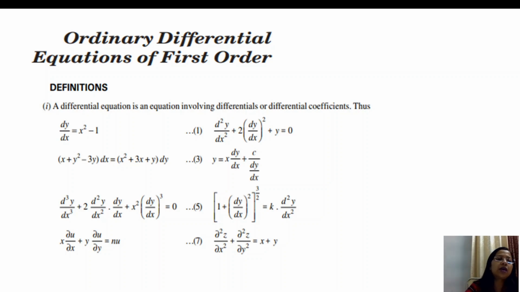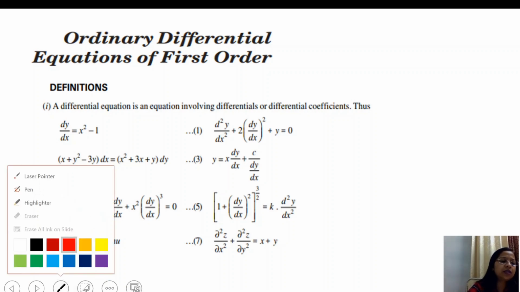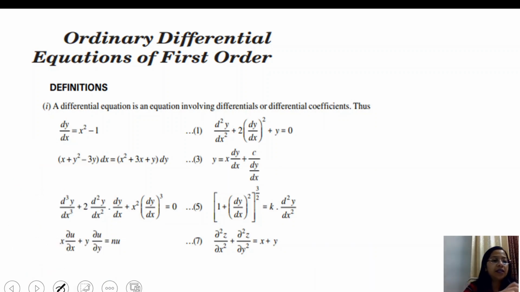A differential equation is an equation having a dependent variable y and an independent variable x, if we have a relation of y as a function of x. A differential equation has variables: either one independent variable or more than one.